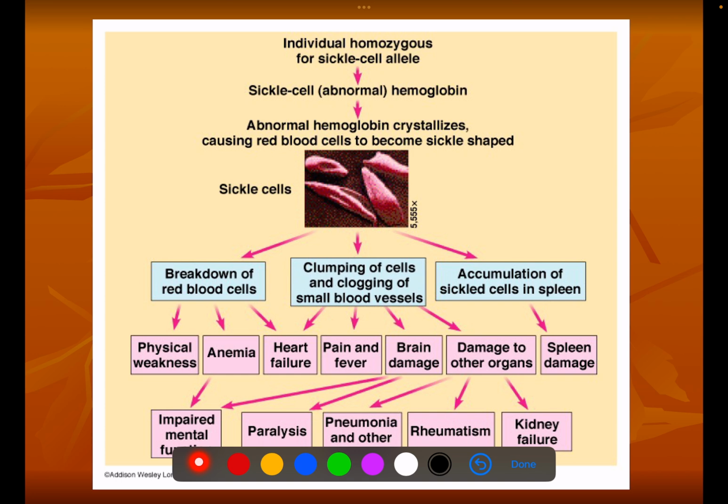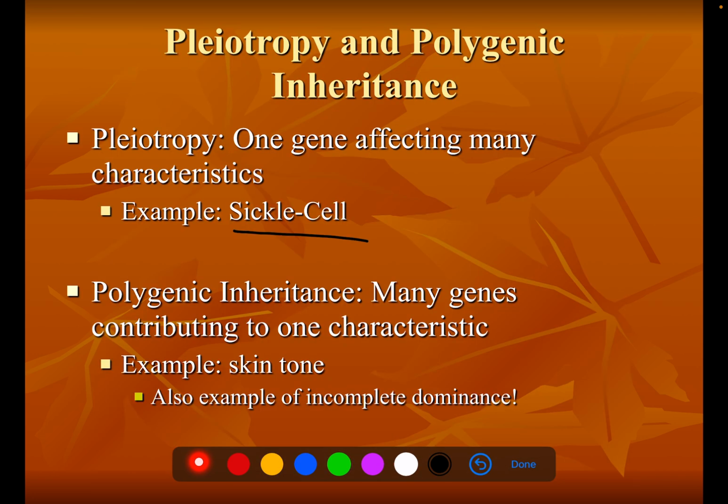And so you would have multiple symptoms associated with that. Also an example of pleiotropy. PKU is another example. There's Tay Sachs. There are just a lot of genetic disorders that lend themselves to be examples of pleiotropy.